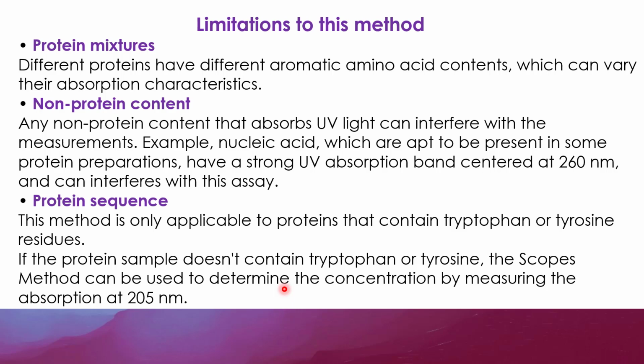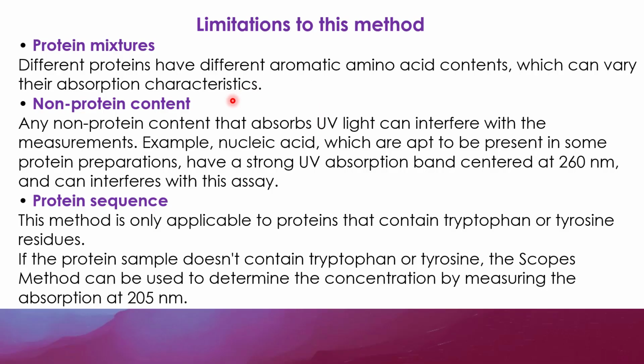So now let's look at some limitations to this method. The first has to do with protein mixtures. What we have to note here is that different proteins have different aromatic amino acid contents, which can vary their absorption characteristics. The next limitation has to do with non-protein content.